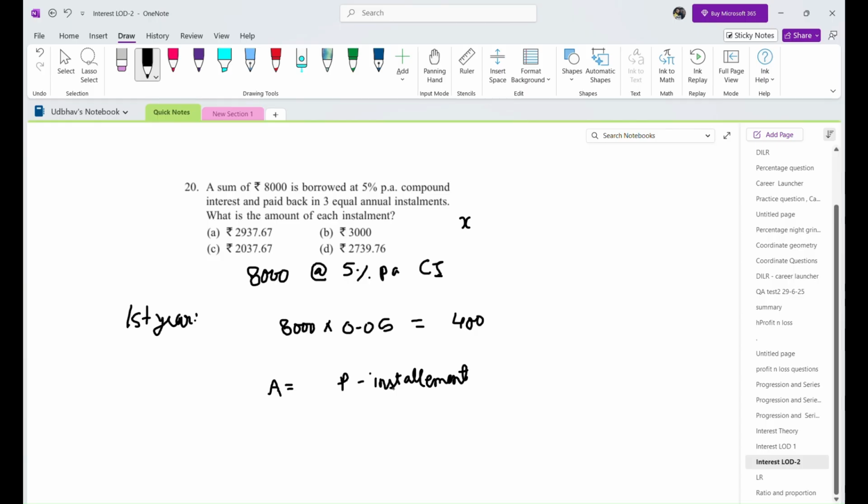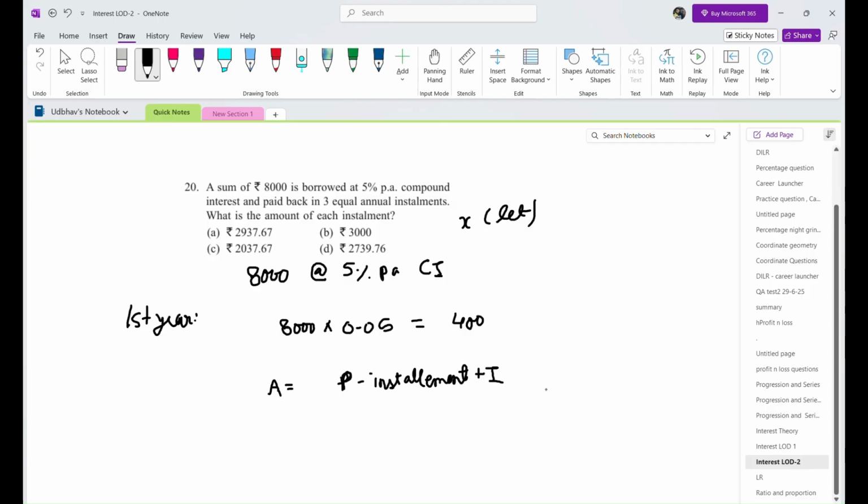We are not giving it as a whole, but slowly. Every year we give some amount of money. So from the total 8,000 rupees which we borrowed, we subtract the installment X because we have already paid it at the end of the first year. But we also got interest on 8,000 rupees, so we have to add that too.